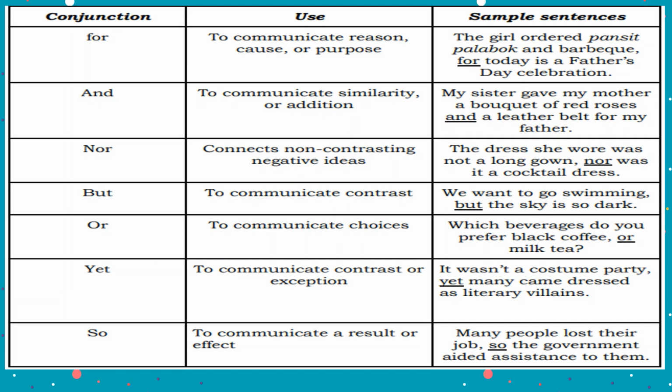Example, it wasn't a costume party, yet many came dressed as literary villains. So is used to communicate a result or effect. Example, many people lost their job, so the government aided assistance to them.